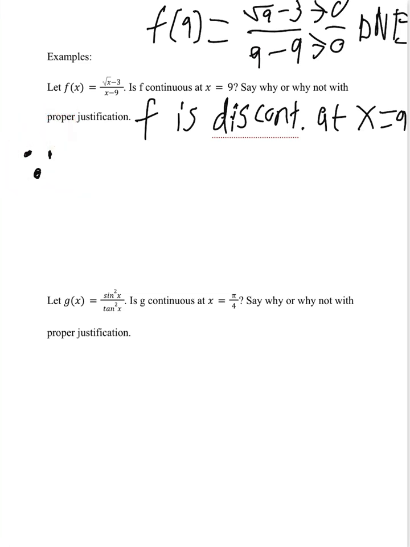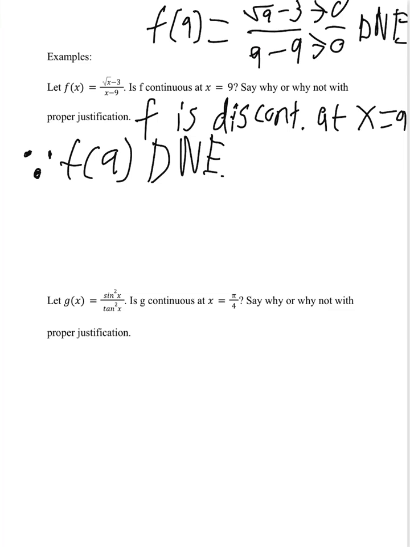None of your teachers, or I'm not going to be that picky if you just write because or the 3 dots. It doesn't matter. It's just another way of writing because in math. So f is discontinuous at x equals 9 because f of 9 does not exist. Okay. And that would be good. That problem would be done, and that is a good justification.